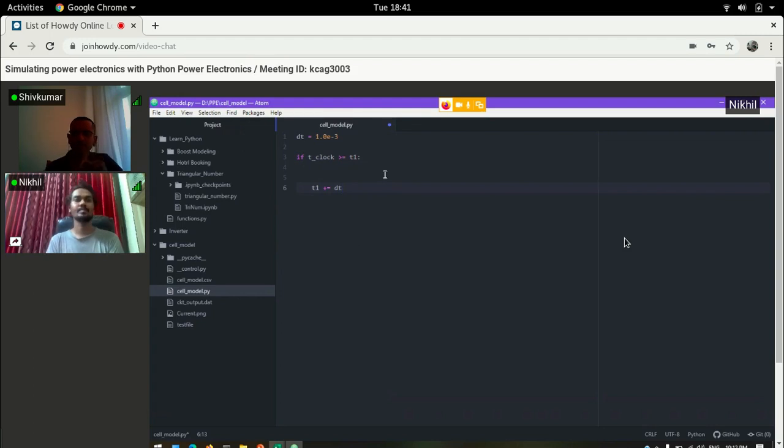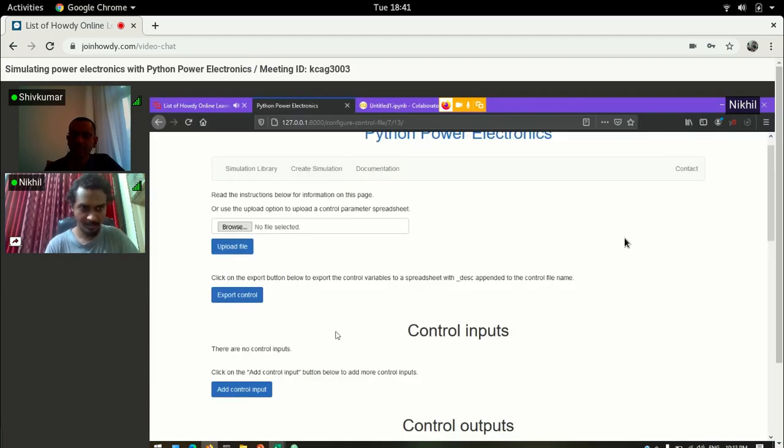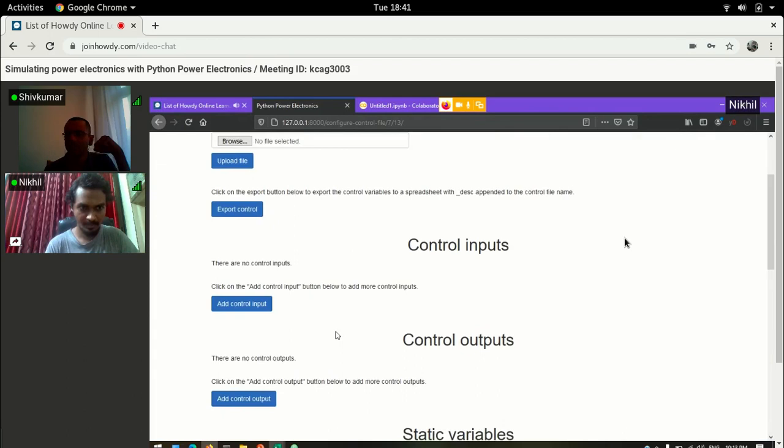Okay. So now that we have done this, the next thing we can do is set up our input, right? The first input that we are interested in is the current, right? So go back to your simulator and go to your control input. You can add a control input.